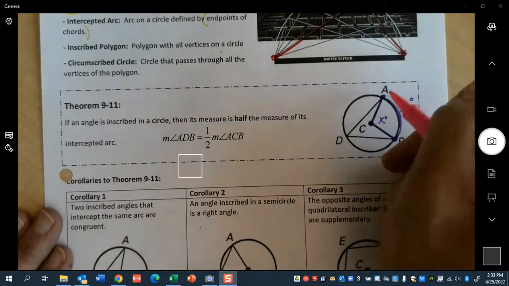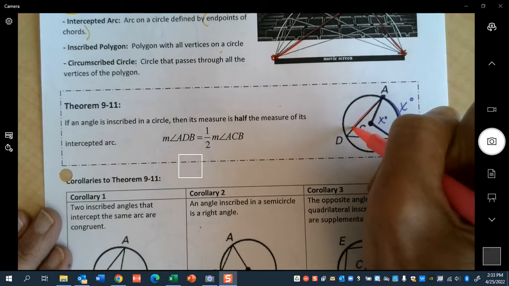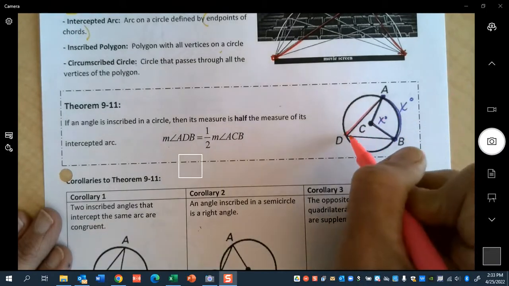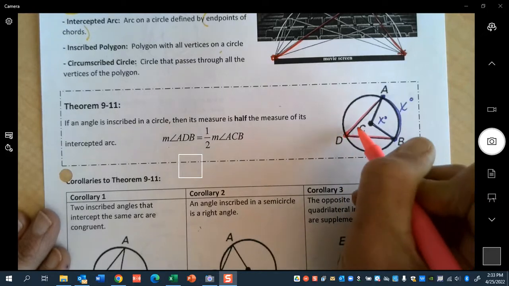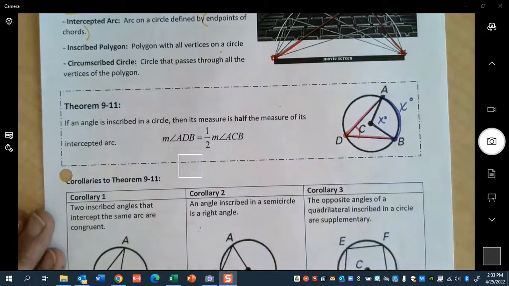Now I want you to imagine pulling this angle way back here. Do you think it's going to be smaller, bigger, or the same size? Smaller, one half smaller. What do you think? I heard smaller, smaller, smaller, one half smaller.